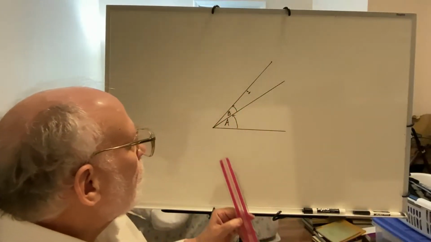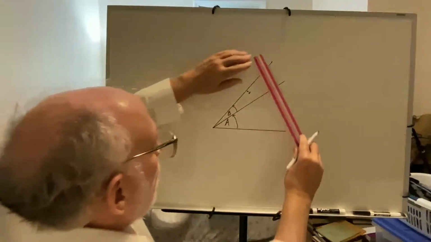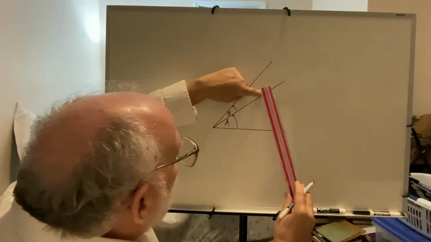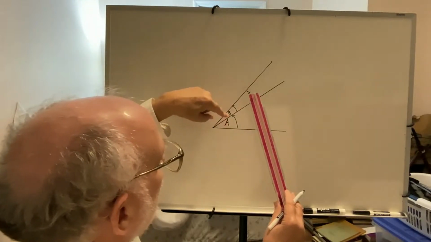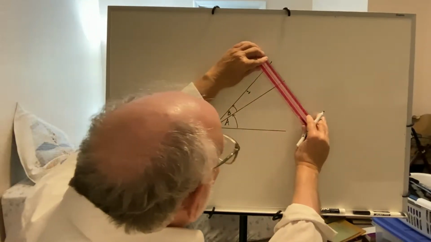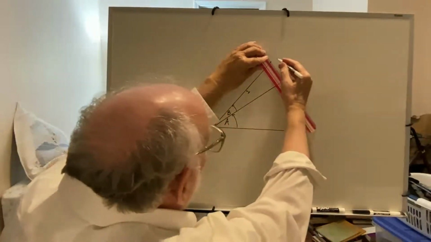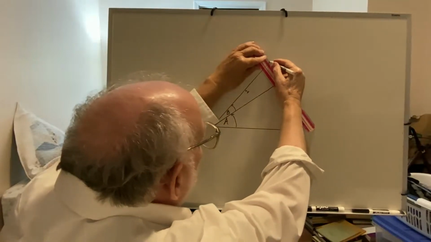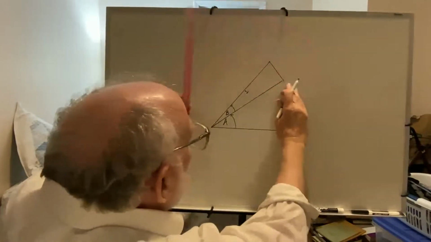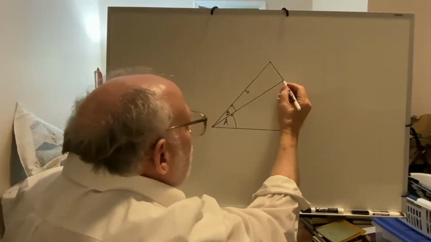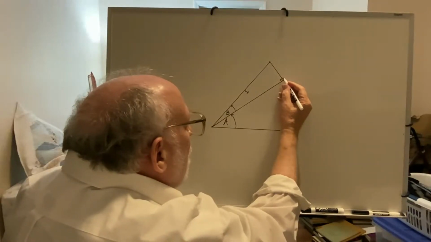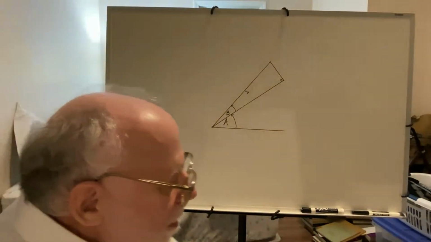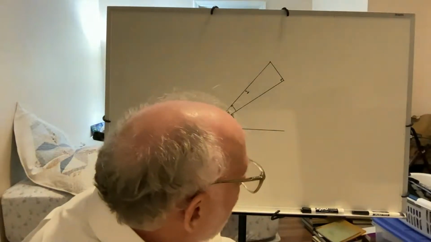And now what we want to do is drop a perpendicular from this endpoint to the segment between angle A and angle B. We want to drop a perpendicular. So this might be close here. We put a box there.